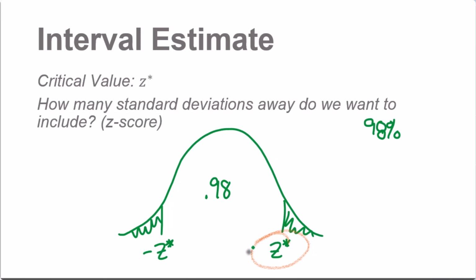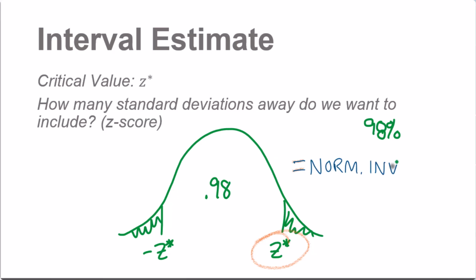And we want to imagine taking our normal distribution and saying, how can we get 98% or 0.98 area in the middle? So this is just a normal distribution calculation. I'm going to do this in Excel, so I'm going to use the norm.inv function.